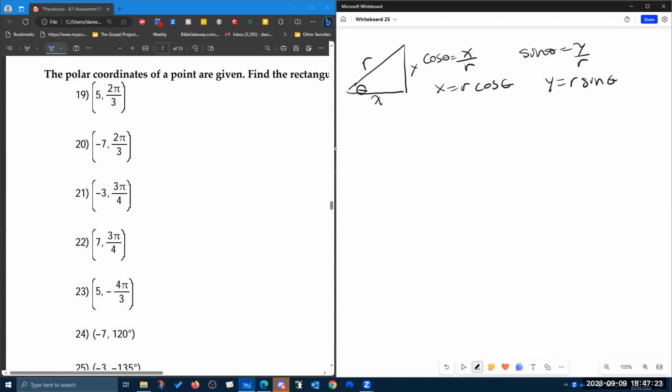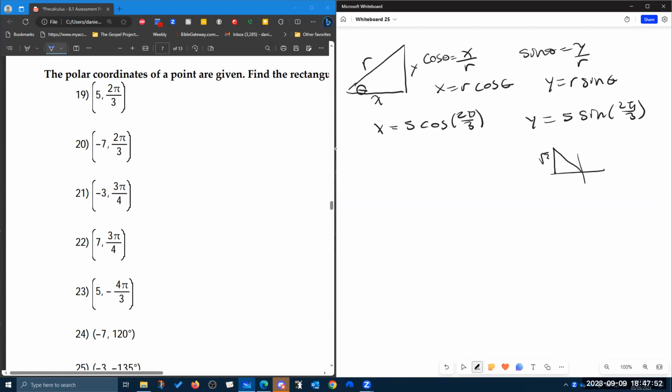So for our first one, x is going to be 5 cosine of 2 pi over 3. Y is going to be 5 sine of 2 pi over 3. 2 pi over 3 is 120 degrees. We have a 60-degree reference angle in quadrant 2.